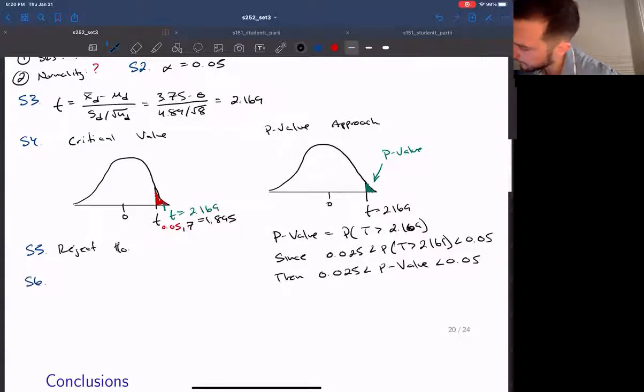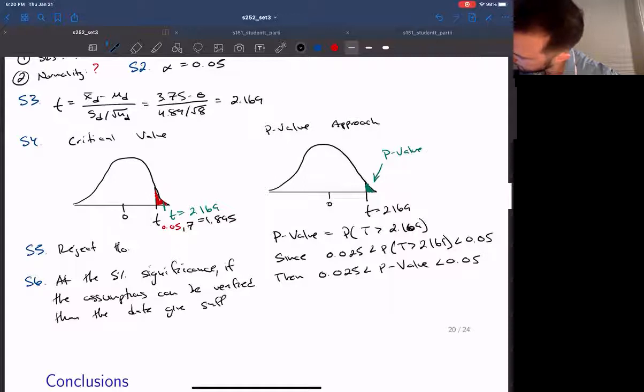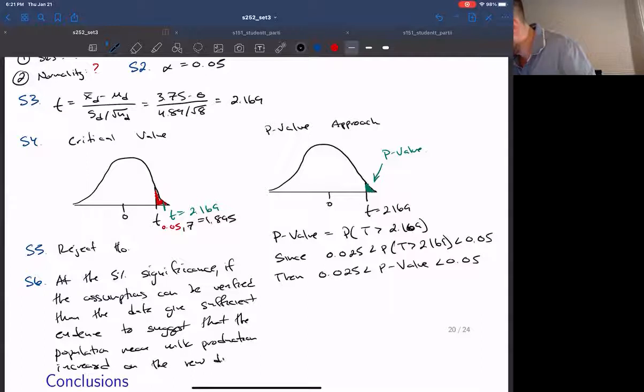And on step 6, we can say at the 5% significance level, if the assumptions can be verified, then the data give sufficient evidence to suggest that the population mean milk production increased on the new diet.